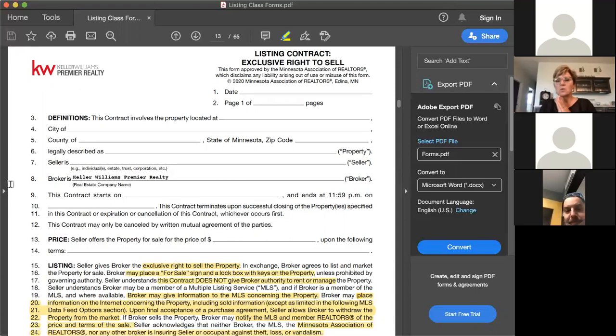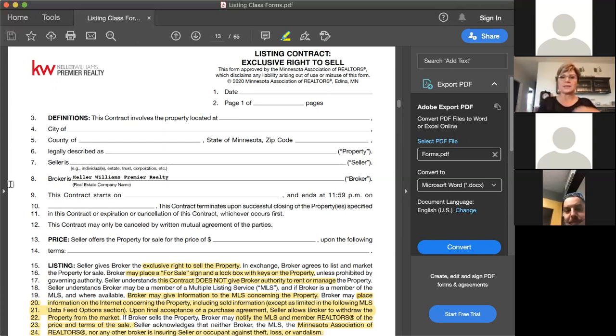Christina or whoever's doing your inputting of your listing into the MLS and reviewing your paperwork, they don't want it to come back to you guys and say, hey, you forgot a date, you forgot a property address. So do your job, look over all of your paperwork before you submit your packet and make sure everything is complete. And if there's a blank line that doesn't need to be filled out, put a line through it or put an NA in that spot, right?